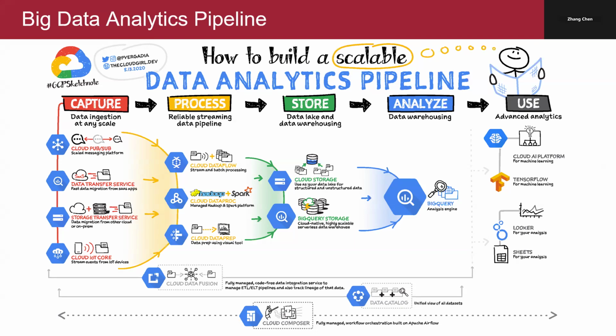The data is ingested from usually multiple sources, such as applications, sensors, and logs. Next is processing, which includes streaming and batch processing to clean, transform, and prepare the data as it arrives. Then the processed data is stored in data lakes.